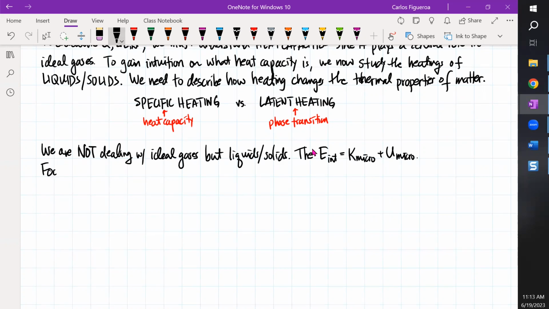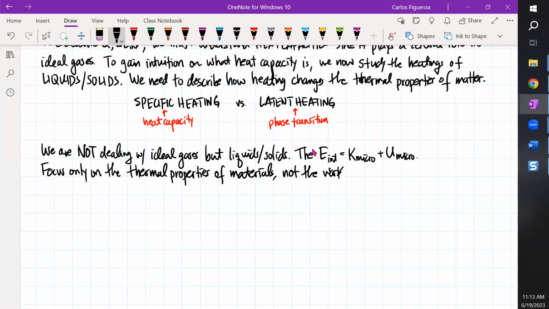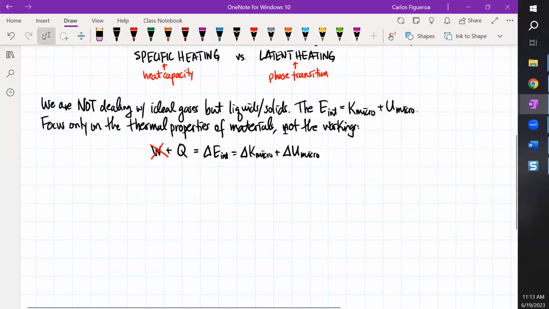We want to focus only on the thermal properties of materials, not the workings. In the first law, I can change either KEmicro or the potential, but no work are we going to look at.